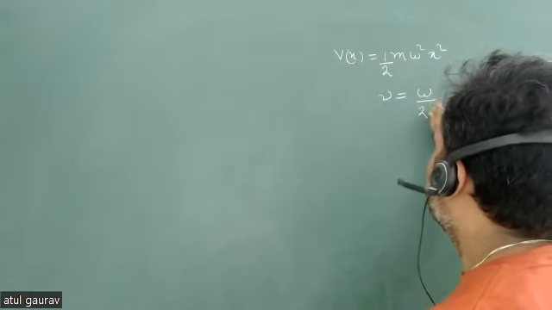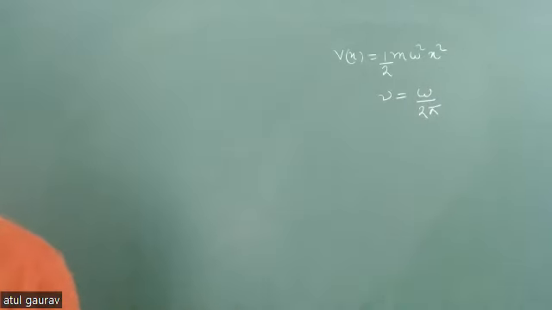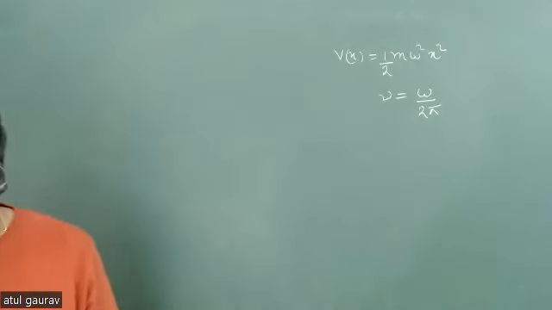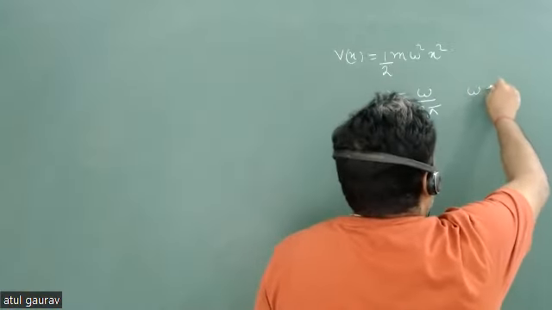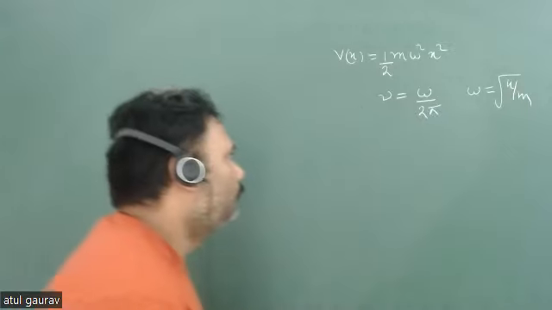Omega upon 2 pi, isn't it? So this nu is the frequency, omega upon 2 pi. We all know this, and this omega is root under k upon m. So this is your frequency.